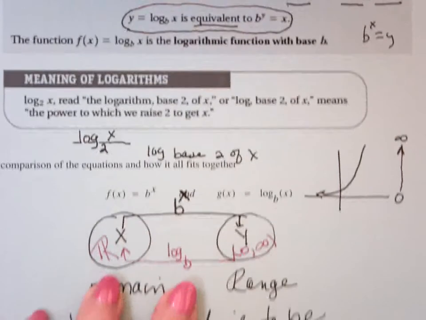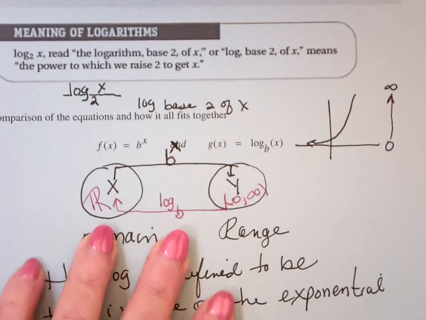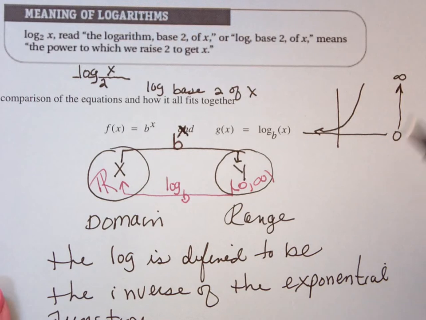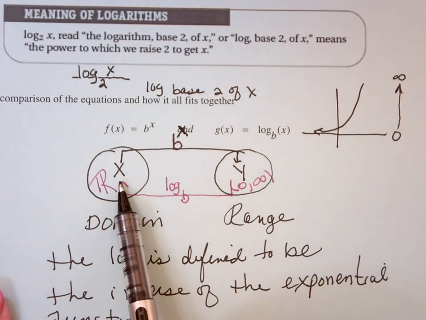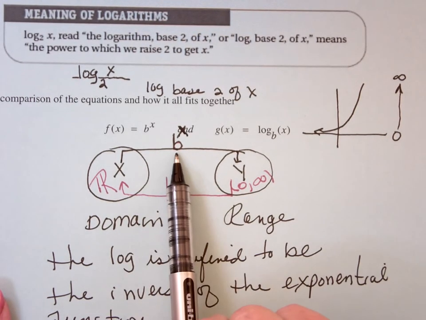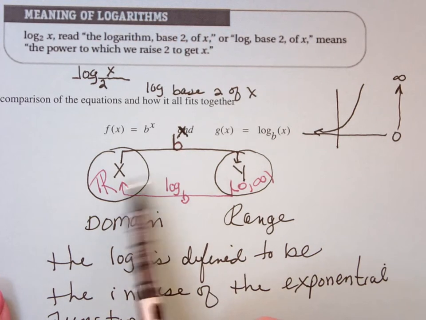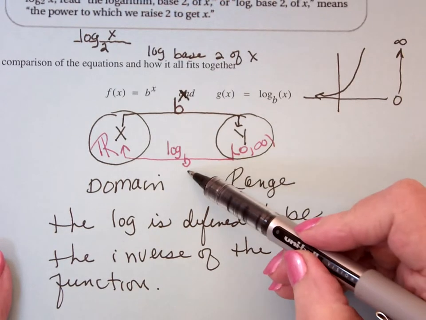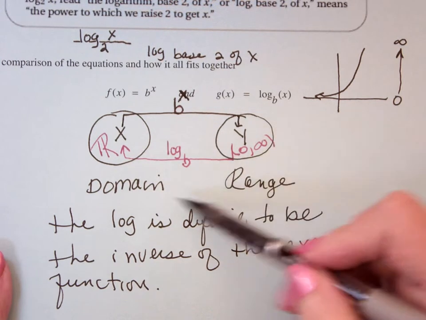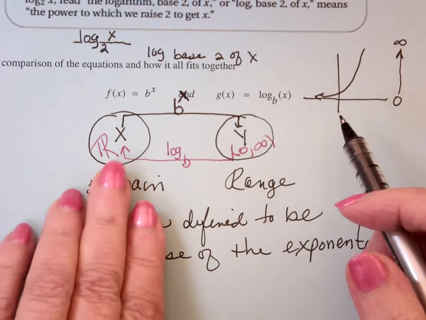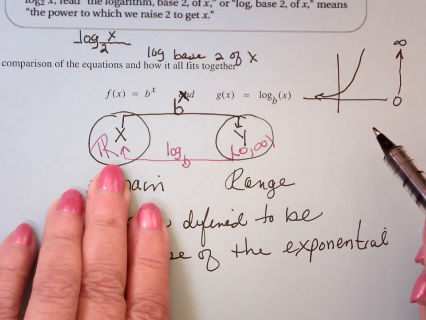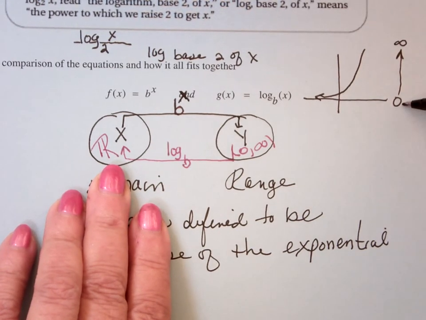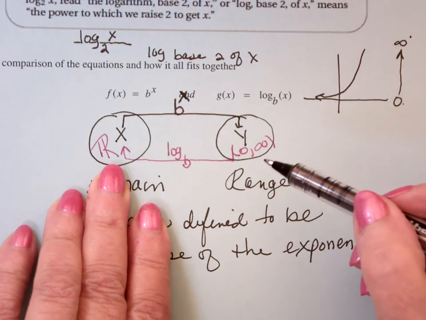We basically said that it is the inverse of the exponential function, so it's the undo button, which means that from x to y, b to the x takes domain to the range, and then log, the same base as the exponential, will bring it back. The domain of the exponential is all real numbers, and then when we graphed it, we saw the range was 0 to infinity.